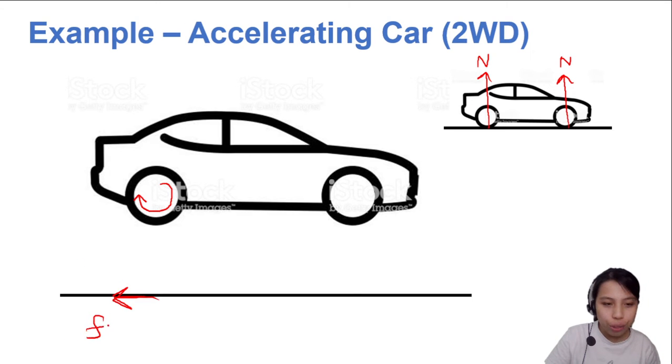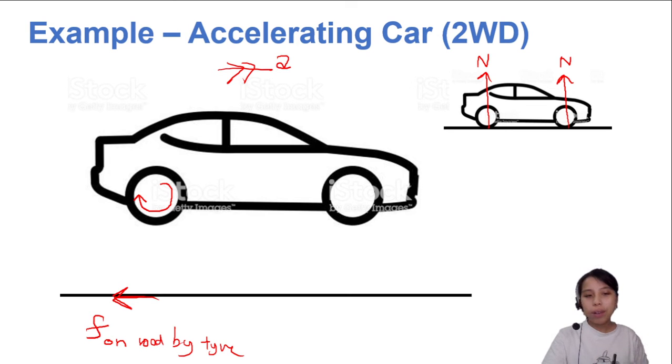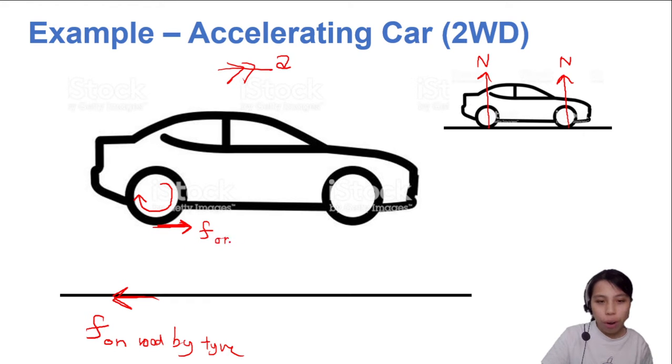This is the frictional force on the road by the tire as the car tries to accelerate forward. Wow! So, because of Newton's third law, there is also another frictional force pushing in this direction, and this is the frictional force on the tire by the road.